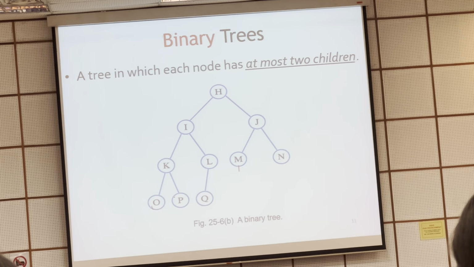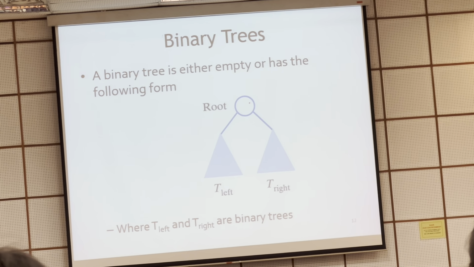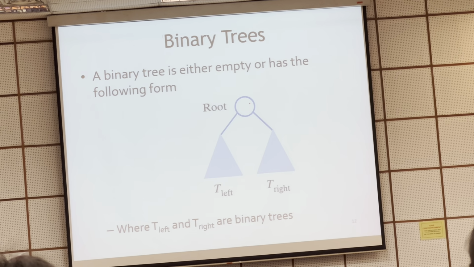Now, usually we construct our binary tree like this. Your node will have a left connection, or it can go to the right. So a tree will have a left branch or right branch. It can be empty. It can be only left, only right, or both left and right.